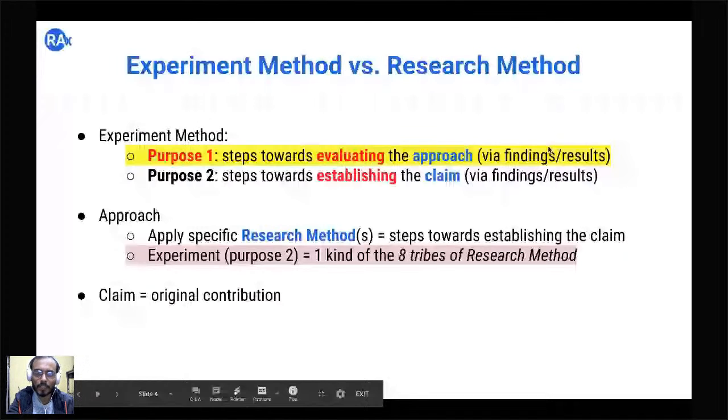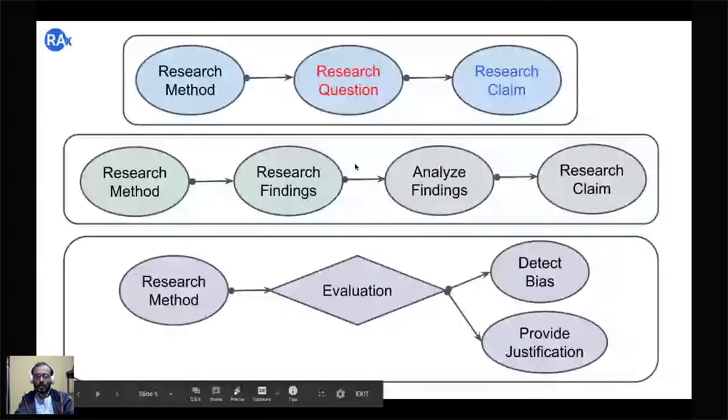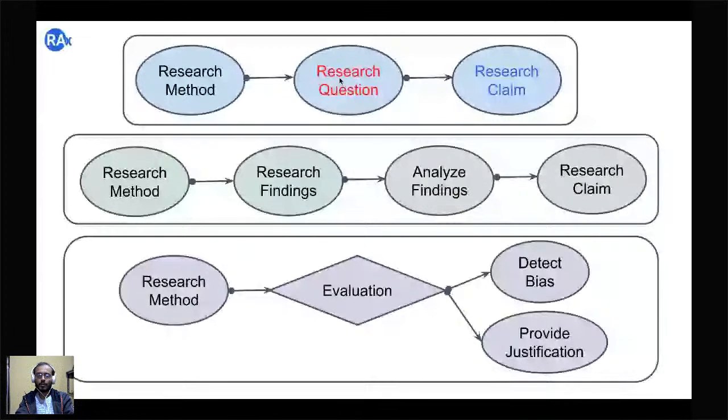So now let's look into this. This is the general theme. You start with a research question. You use a research method to investigate the research question, and the outcome of that investigation will be a research claim.